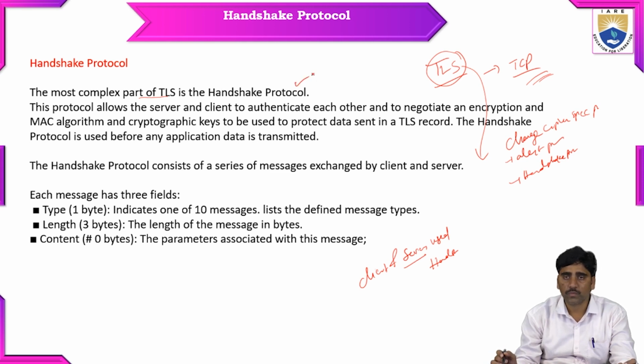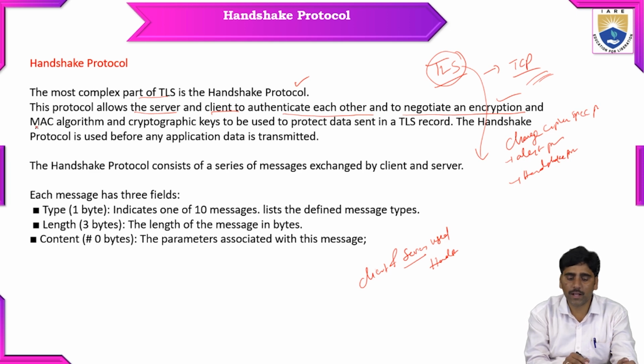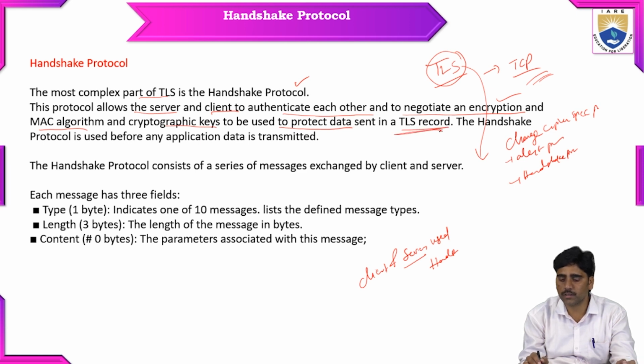This protocol allows the server and the client to authenticate each other and to negotiate an encryption and MAC algorithm and cryptographic keys to be used to protect data sent in the TLS record. The handshake protocol is used before any application data is transmitted.